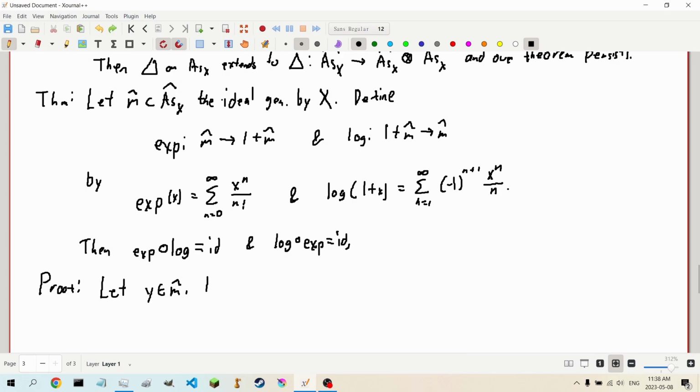For an indeterminate, which we're going to call t, the exponential map of the logarithm of 1 plus t equals 1 plus t, which holds in the power series ring Q[[t]].